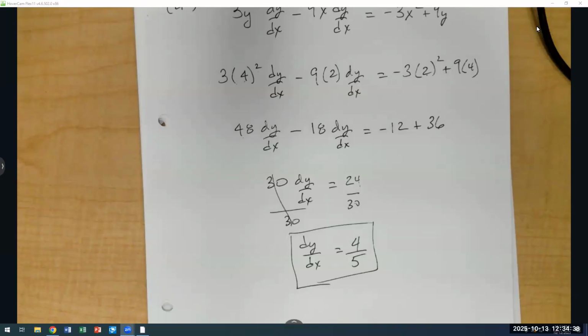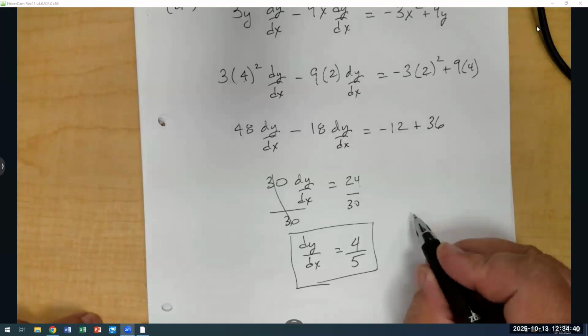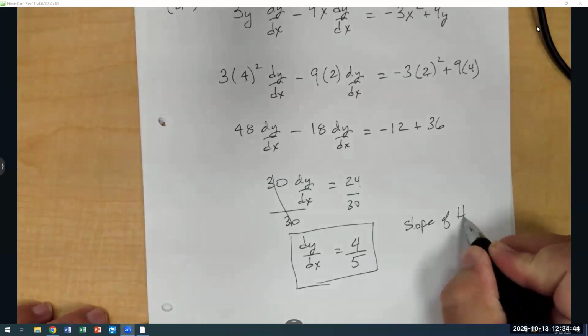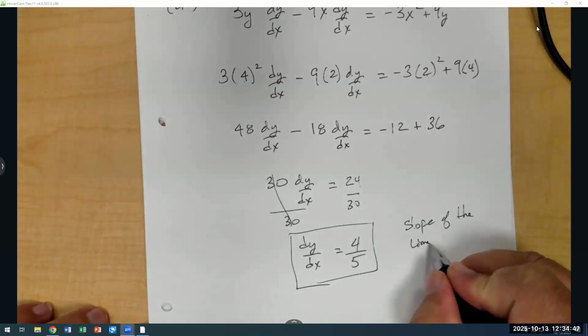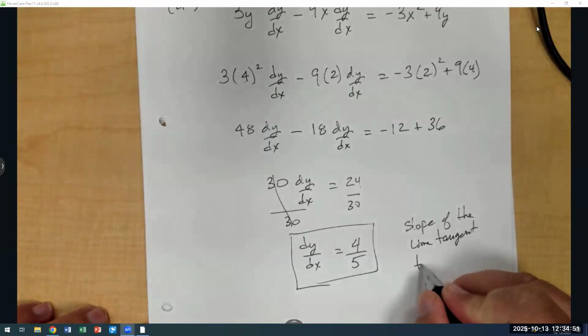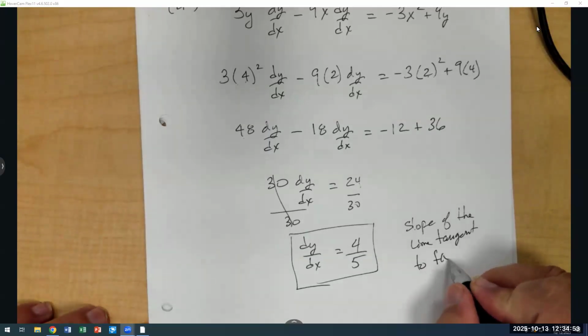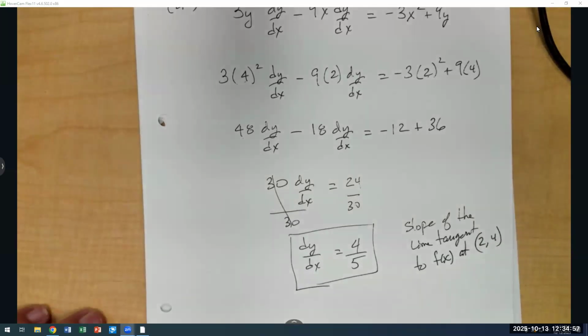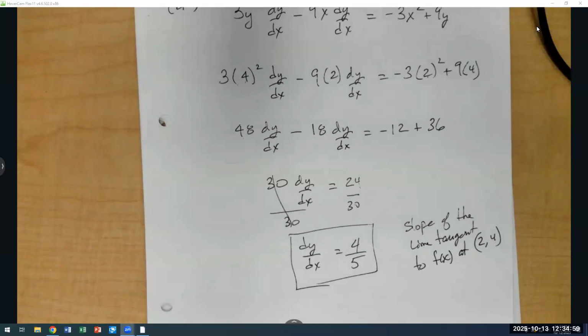It's the slope of the line tangent to the function at 2, 4. It doesn't find us anything else, just the slope of the line tangent to the curve at 2, 4.